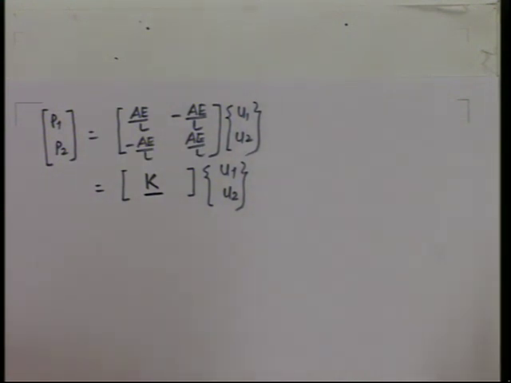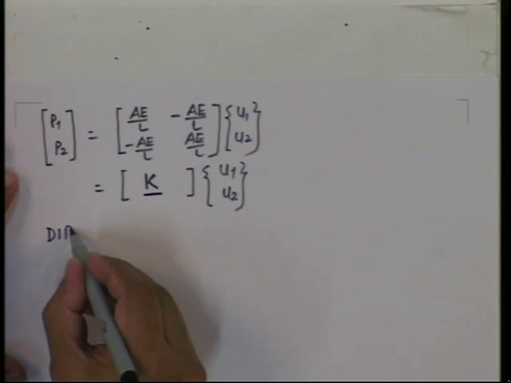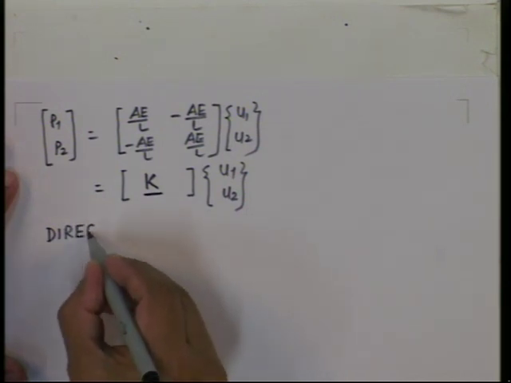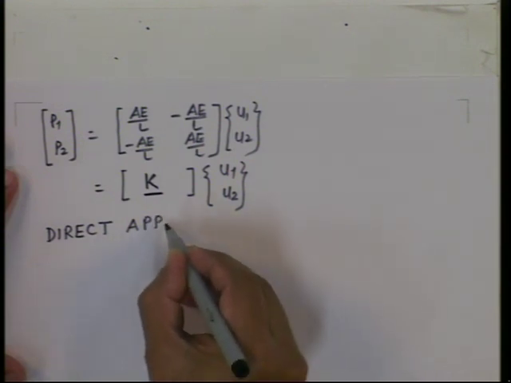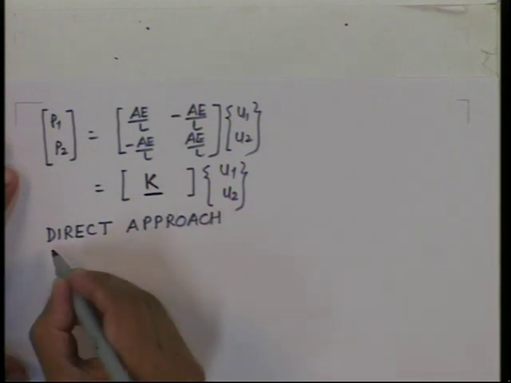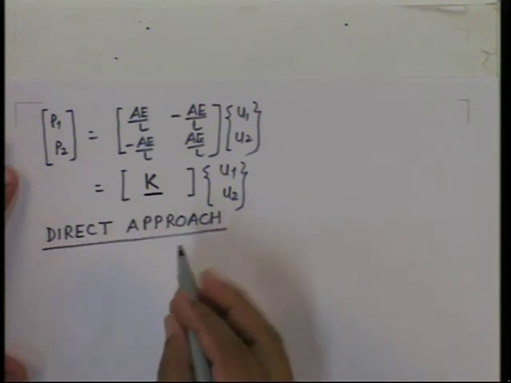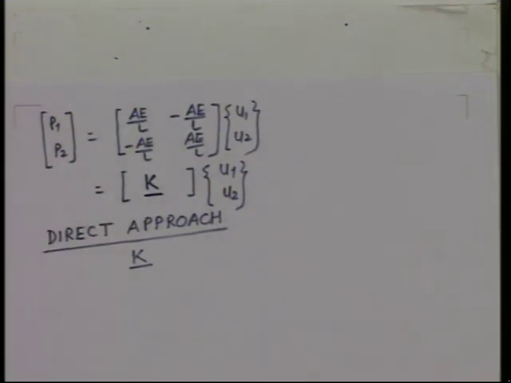So, this approach is called direct approach. So, we have obtained stiffness property of the member K by direct approach.